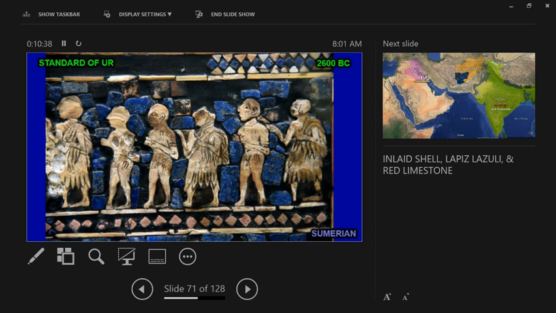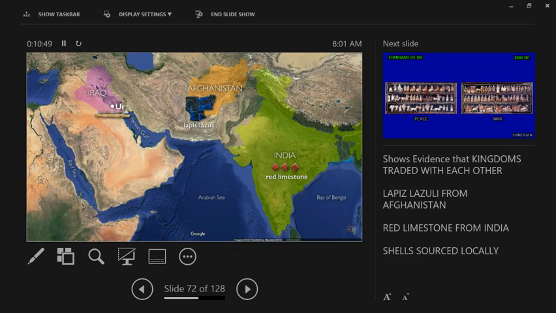Do you guys use that a lot in Minecraft? Yeah. So last year, everybody knew what lapis lazuli was because they played Minecraft. Now, lapis lazuli comes from Afghanistan. The red limestone in this standard of Ur comes from India, and the shells come from Ur. This shows that Ur traded with a lot of other civilizations.